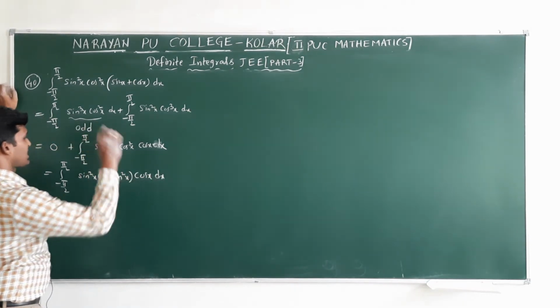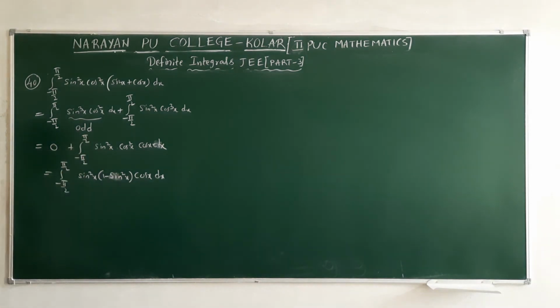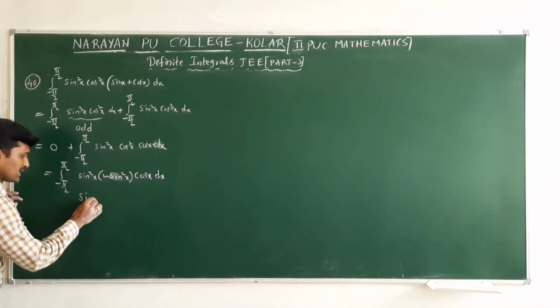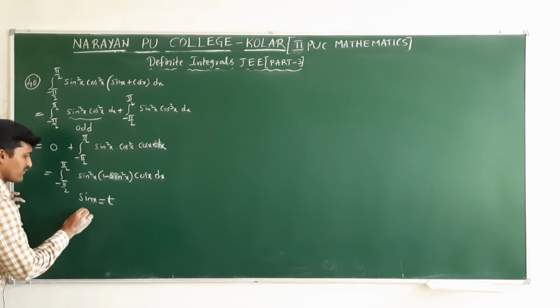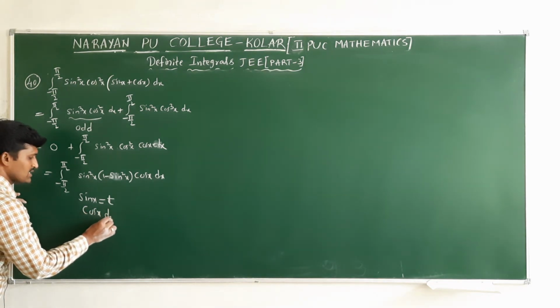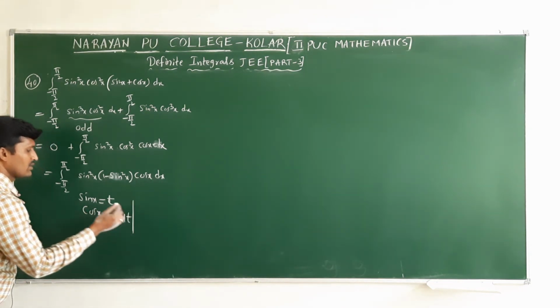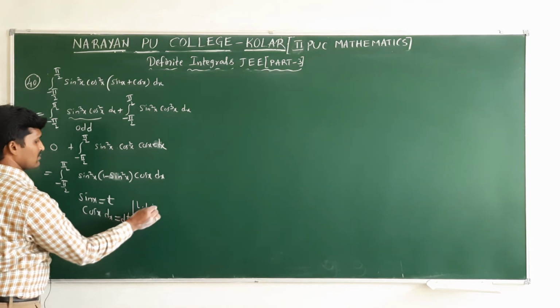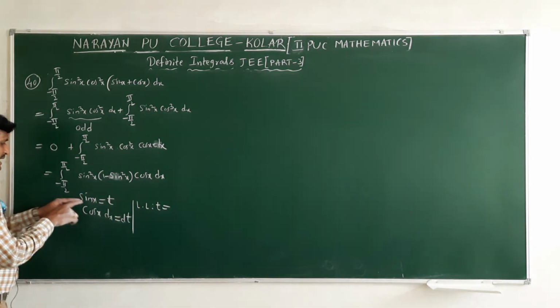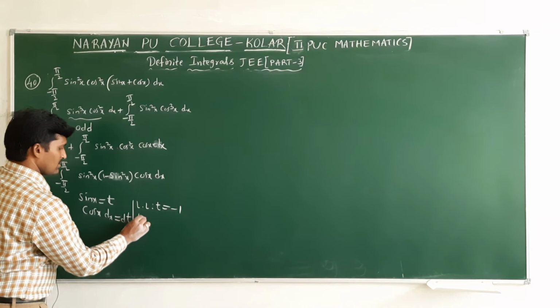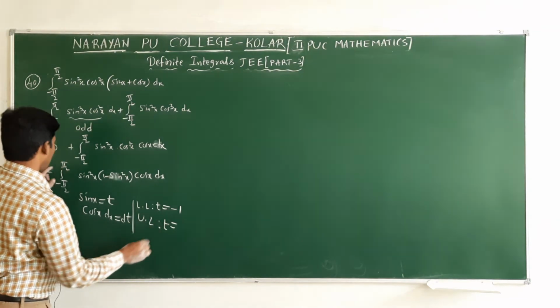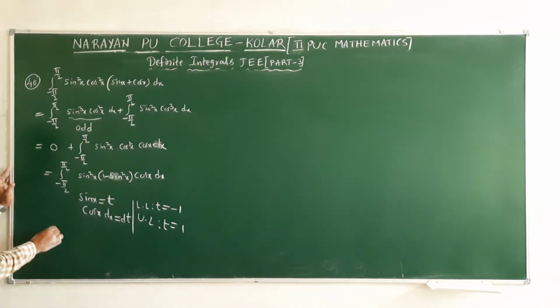Now we can take sin x as t, the reason being sin x's derivative is present in the function. So sin x equals t. Differentiate, what will we get? Cos x dx equals dt. Lower limit, t is sin of minus 90, that is minus 1. Upper limit, that is 1.